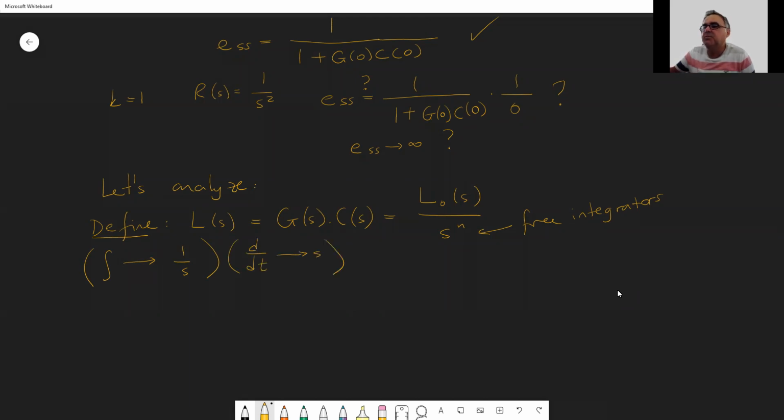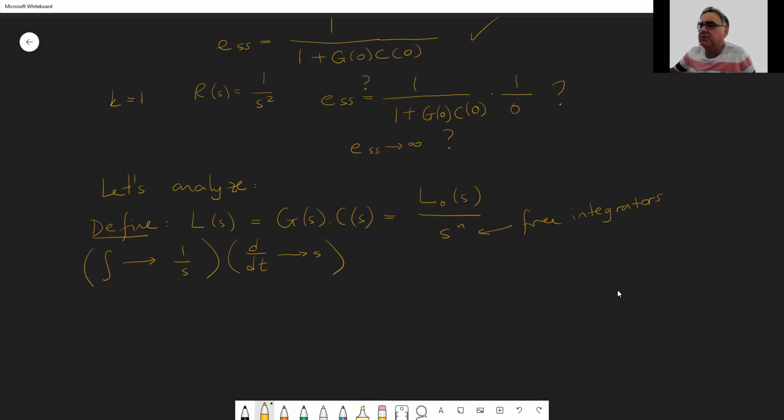It corresponds to multiplying by S, and integration corresponds to dividing by S. So this division by S is called integration. If you have one integration, you have S to the 1. If you have two integrations, you have S to the 2. If you have n integrations, you have S to the n.